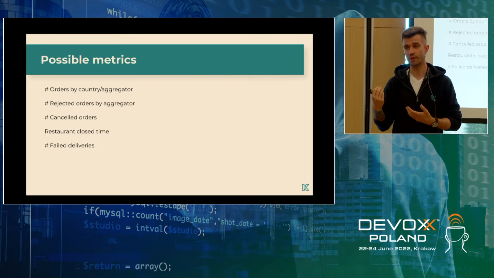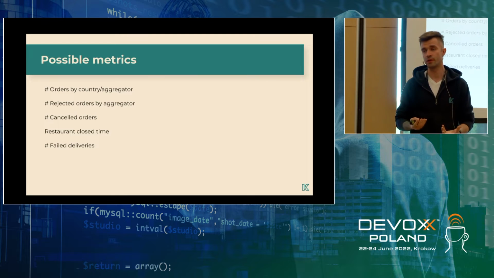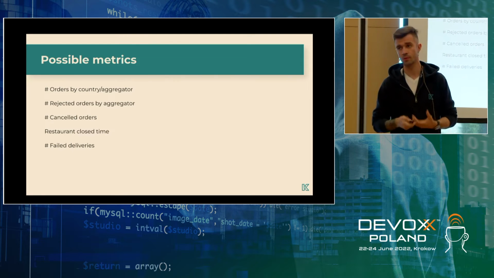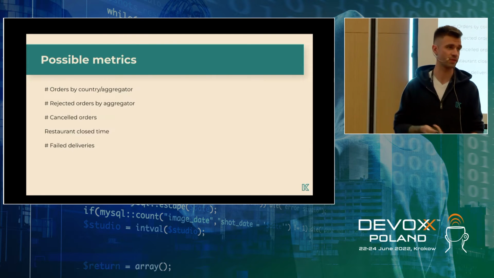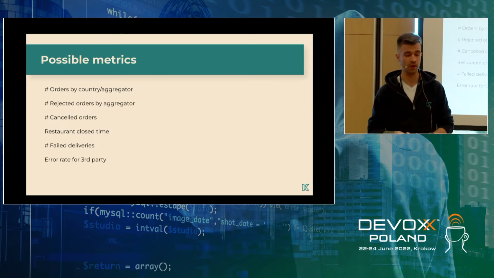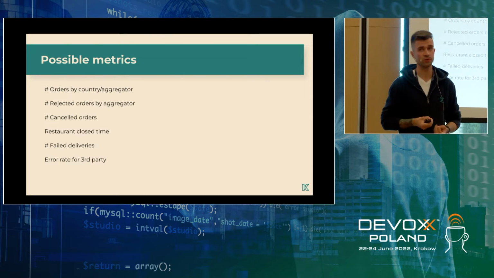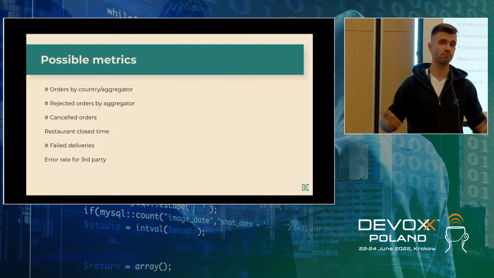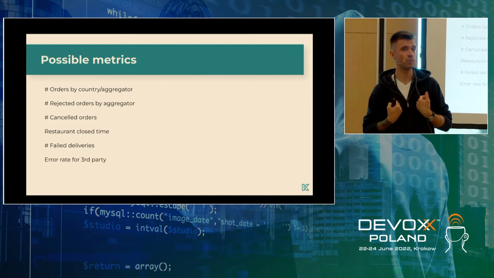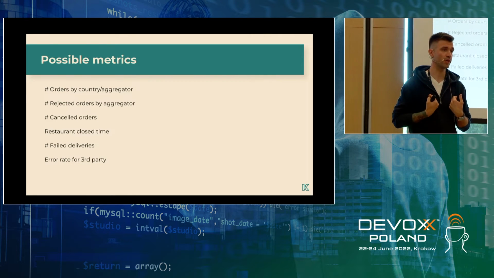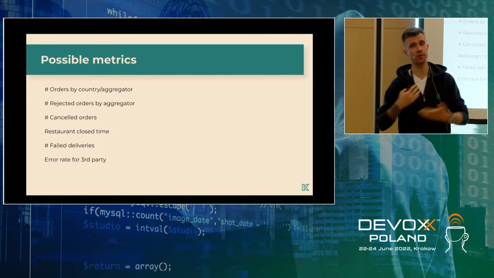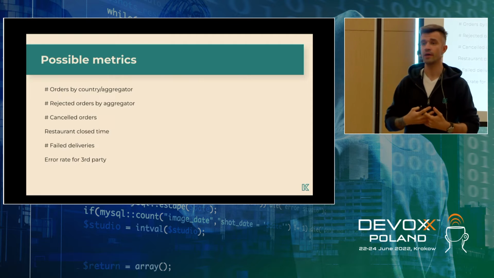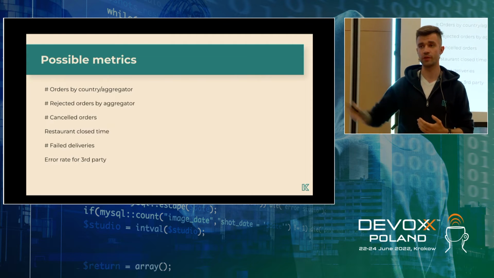Those numbers are important, but keep in mind that all the metrics mean nothing without a particular context, whether it's a business metric or a system metric, as you probably use currently. Another important thing that we introduced lately is the error rate of third parties. Not only are data or orders coming into our system, but we are also getting information from the aggregators directly, querying them and sending requests to them.